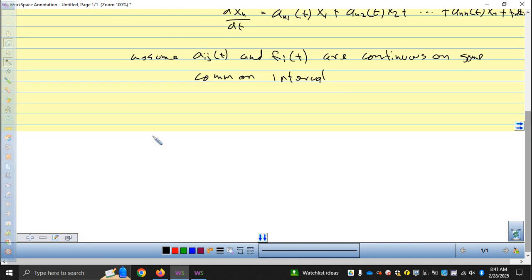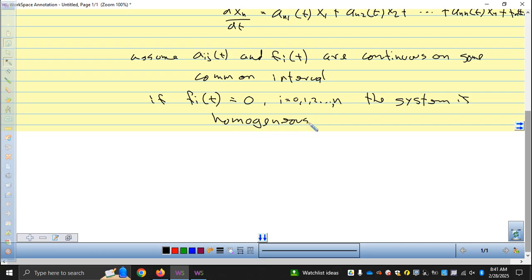If f sub i of t, those functions there at the end, are 0 for i equals 1, 2, up to n, the system is homogeneous. Otherwise, it is non-homogeneous.